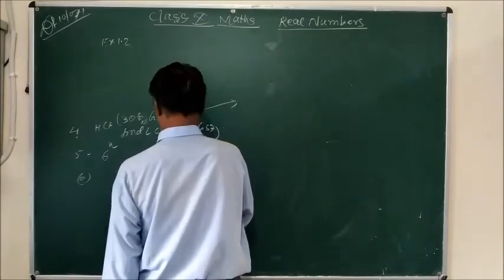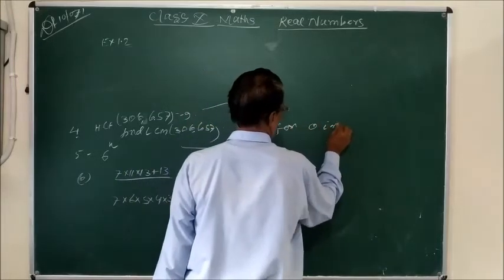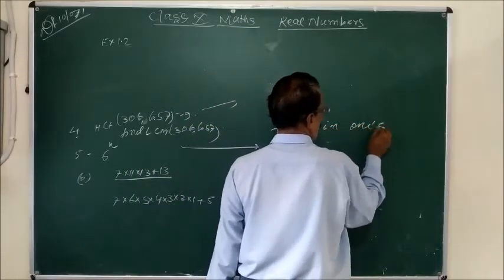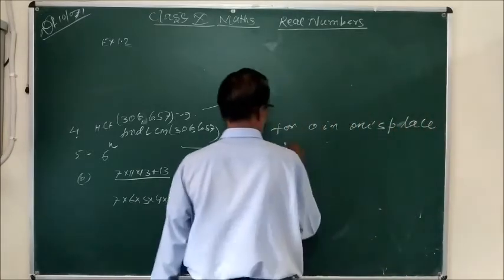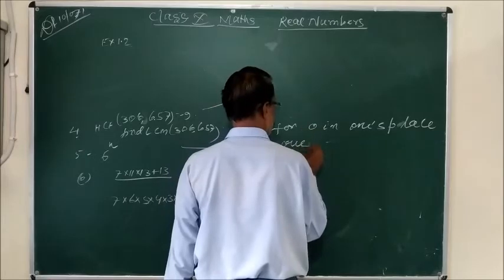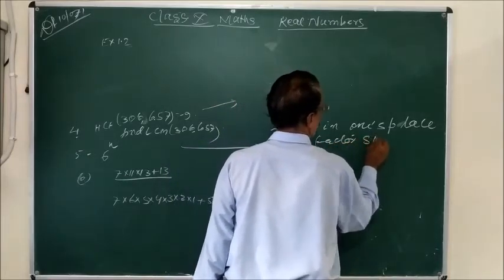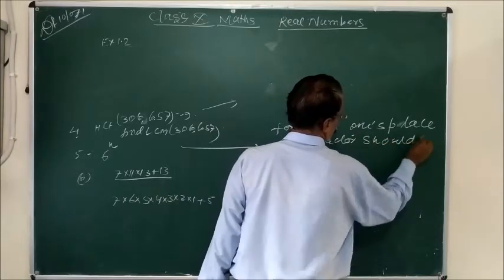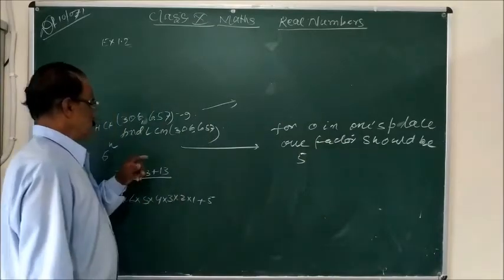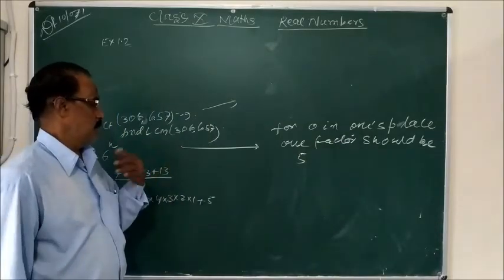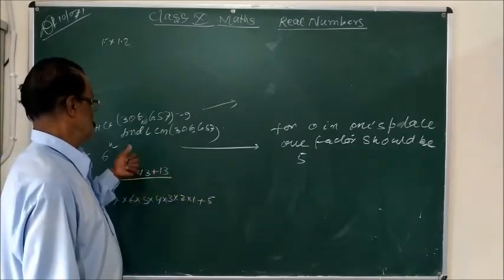For 0 in the ones place, one factor should be 5, because if you multiply 5 by 4, or 5 by 2, one factor should be 5 and the other factor may be 2.